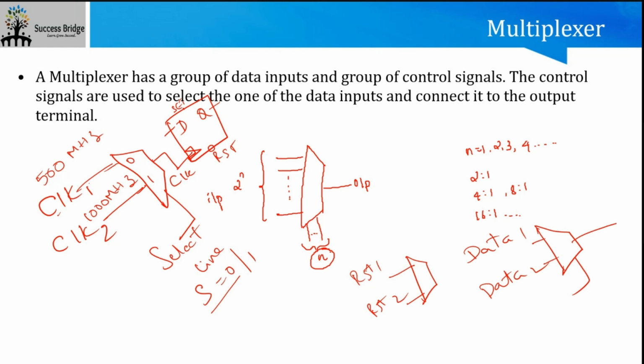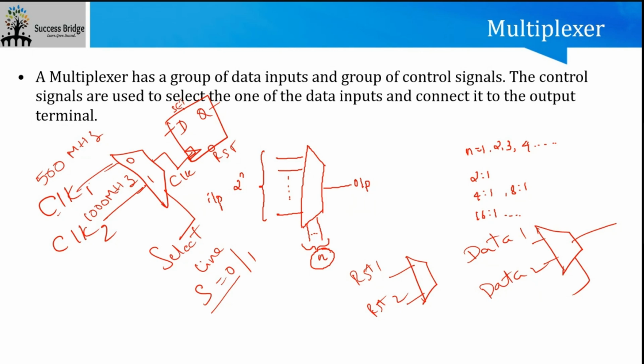The majority of the time you will be using a 2 by 1 mux. We haven't come across any situation where we have used more than a 2 by 1 mux. We keep designs simple and don't make them complicated, so we are not designing RTL with more than two inputs.